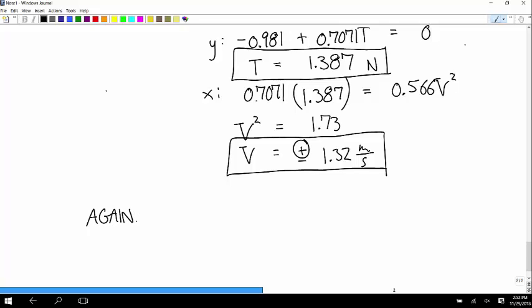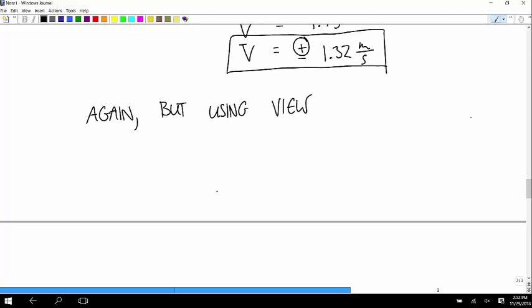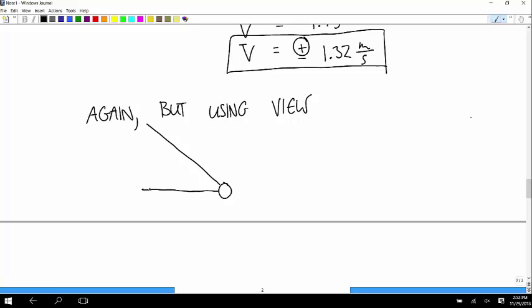So I'm going to do it again, but this time using the view where the ball's here. This angle is 45. The coordinate system is here.